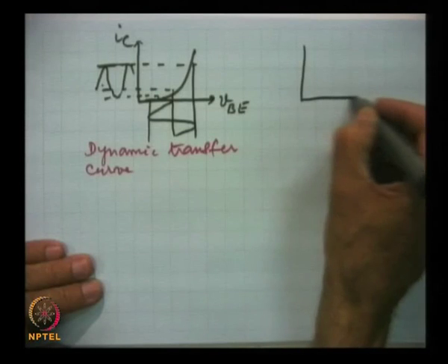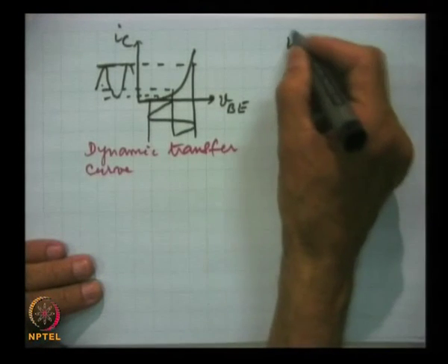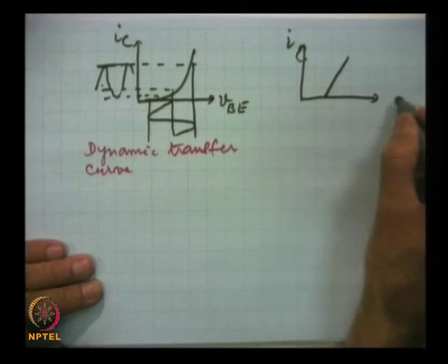So, we continue with the simple analysis of this distortion caused by the nonlinearity. For a linear curve, for example like this, here it is IC and this is VBE.